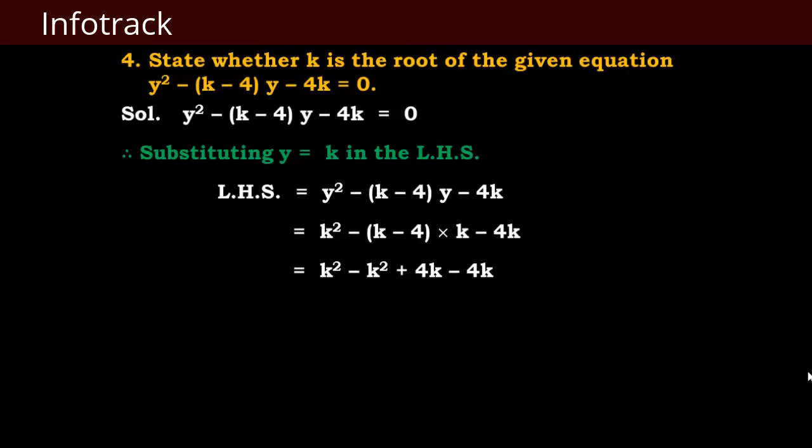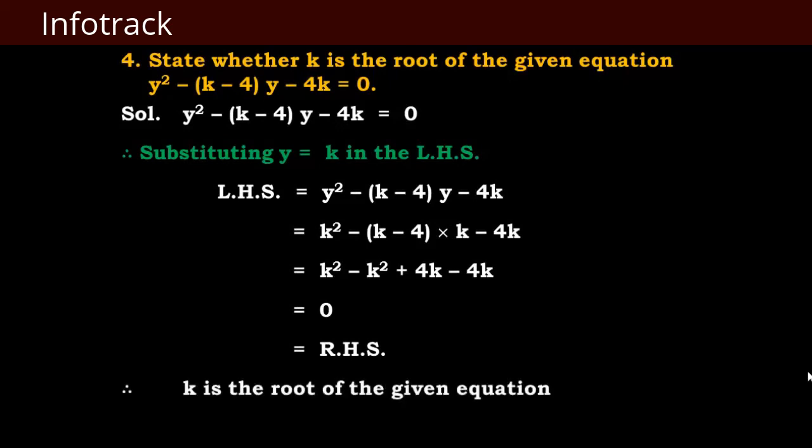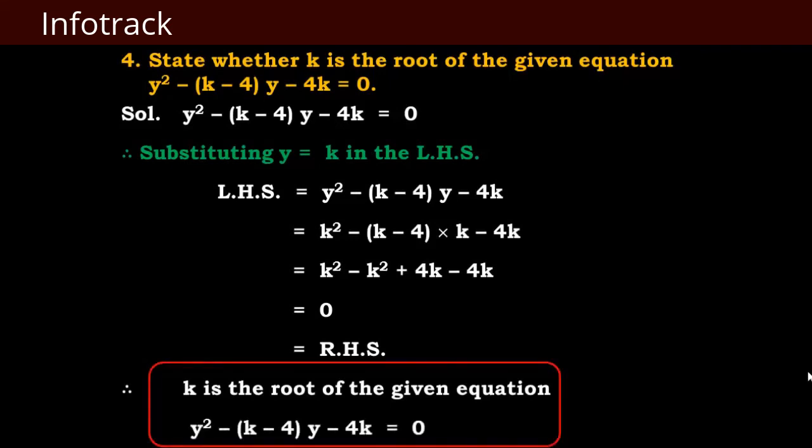We have 0 which is equal to RHS. So we can say the equation is satisfied. So k is a root of the given quadratic equation y square minus k minus 4 into y minus 4k equals 0.